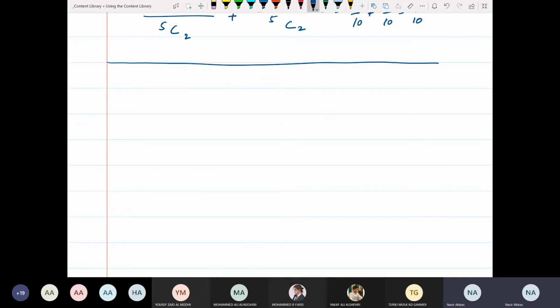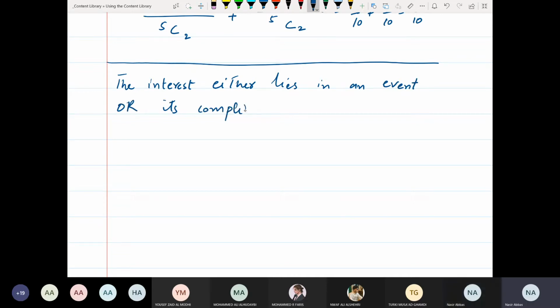So the interest either lies in an event or its complement. Nothing more than this.